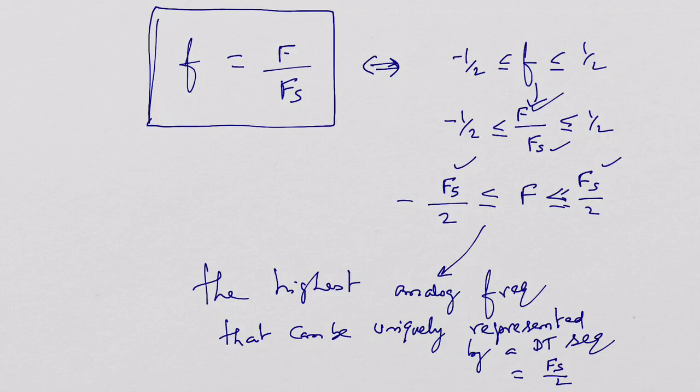The highest analog frequency that can be uniquely represented by discrete time sequences is Fs by 2. Did you notice? It's an important consequence of sampling to be remembered. The highest analog frequency that can be uniquely represented by a discrete time sequence will be Fs by 2.